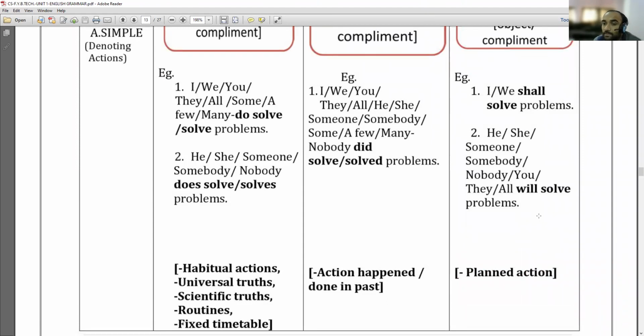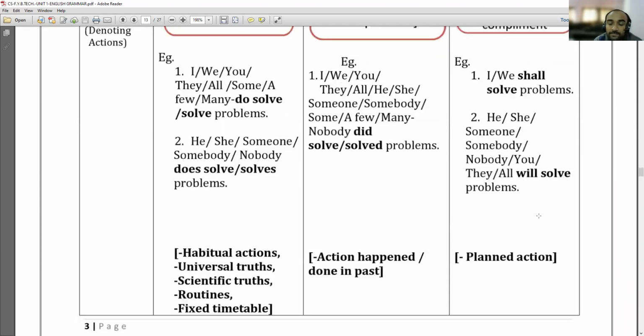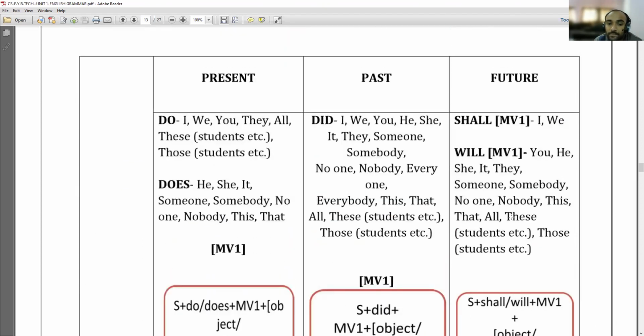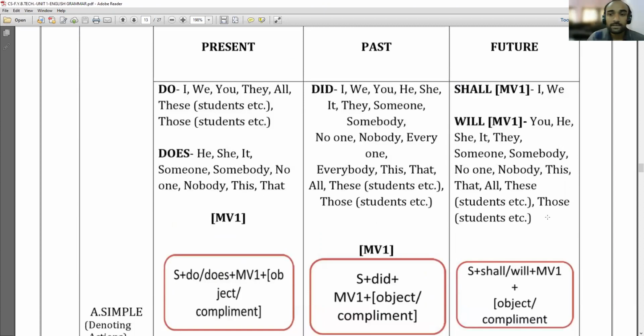We shall solve problems, आम्ही प्रश्न सोडवू. This is the planned action, म्हणजे भूतकाळात ते ऍक्शन करेन अशा पद्धतीने आपण म्हणतो. Okay, is this understood? Is this table understood by you? समजला हा टेबल? Yes.